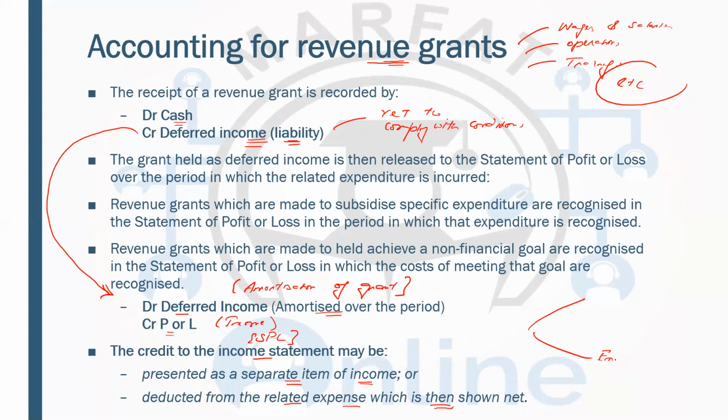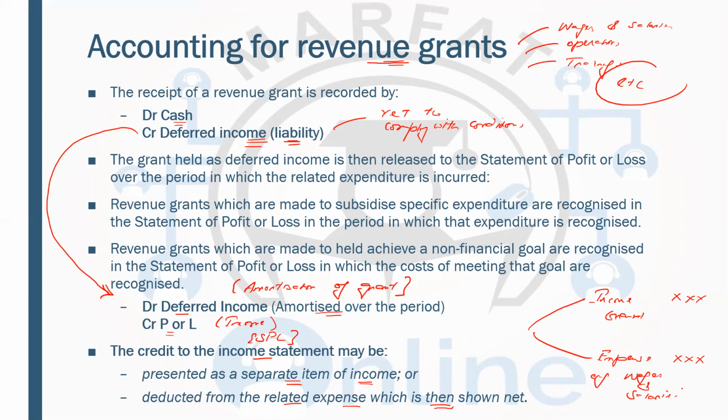So the relevant expense is the wages and salaries which you will be incurring, and as a result, you will be getting the grant, which is an income for the company. This is the amount of the grant, and this is the amount you are paying to the employees in wages and salaries.